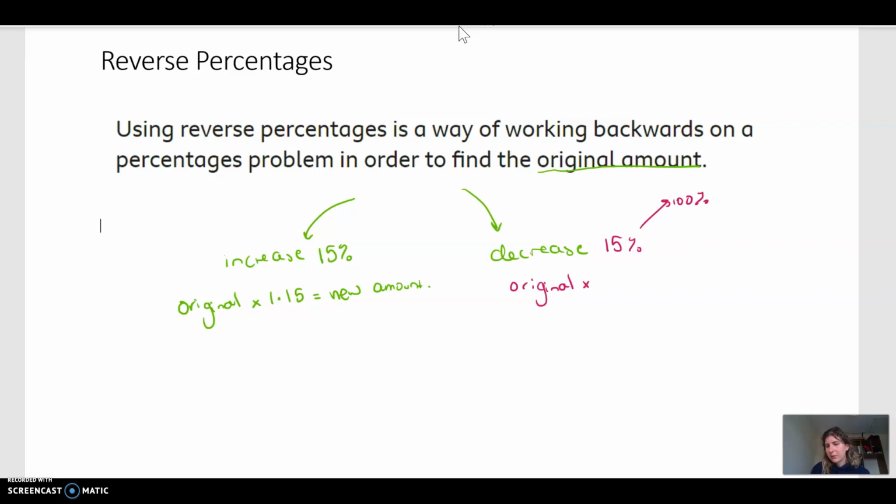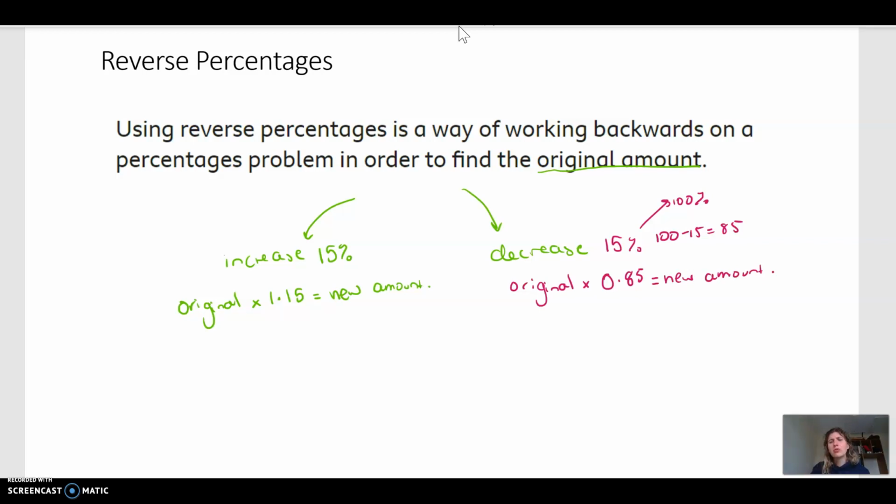To decrease something by 15%, you're multiplying it by 100 minus 15 as a percentage. So in this case, you'd be multiplying it by 0.85, because 100 minus 15 is 85. So if you've taken off 15%, you're left with 85% of your original amount. Okay, and that's equal to your new amount if it was decreasing.